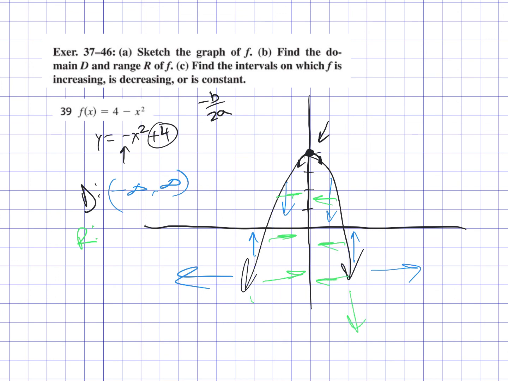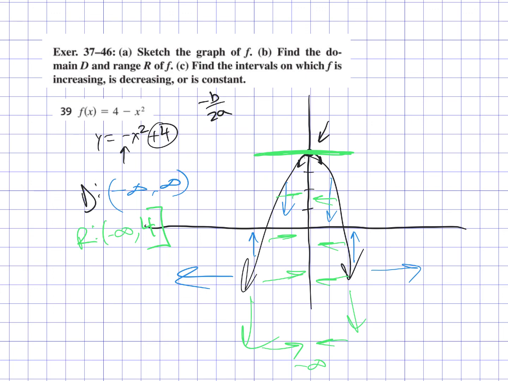Okay, these keep going forever down here, so it's shaded all the way from negative infinity. Negative infinity to what? To right here. Doesn't go past this. That's 4, and it's included. All right? So those are your domain and range.